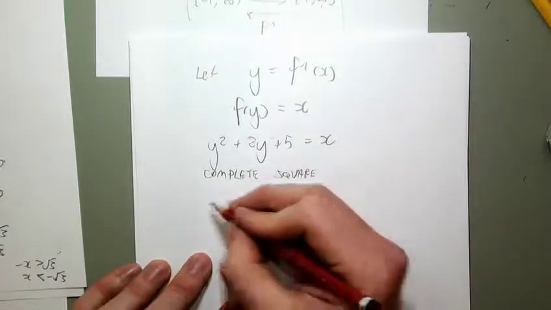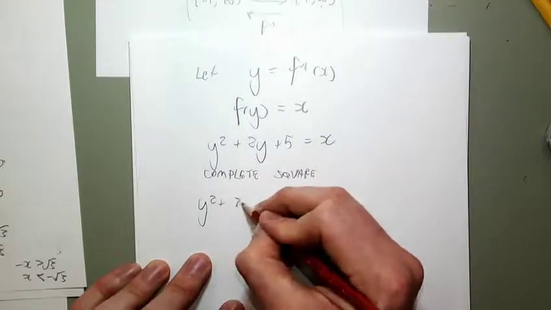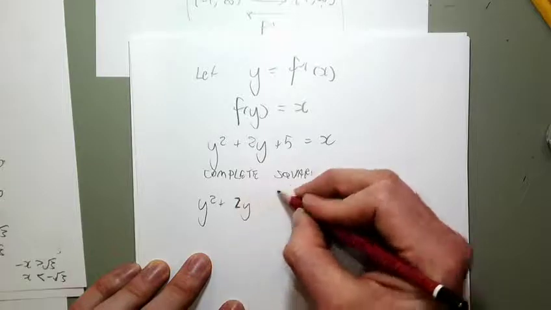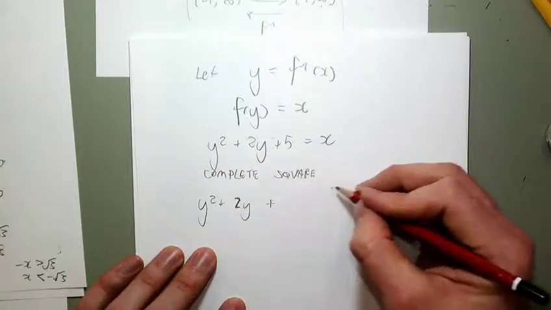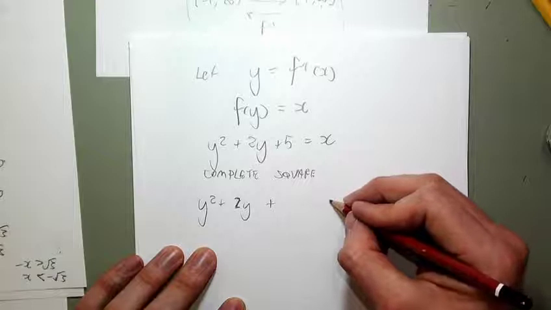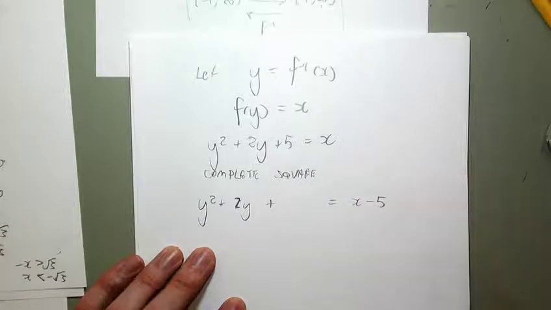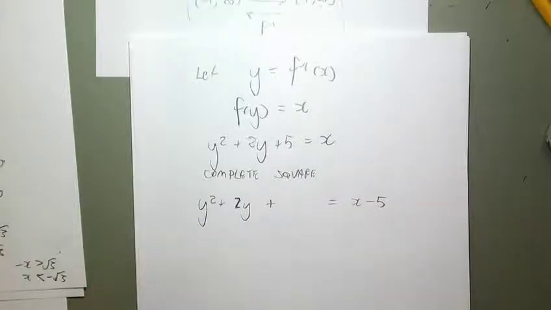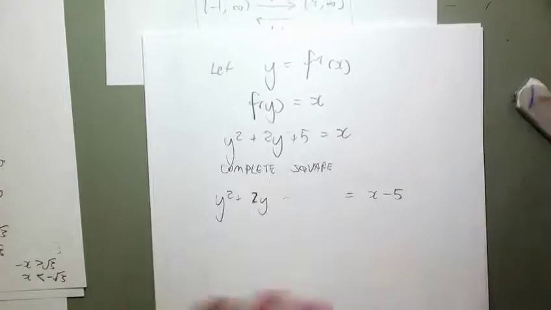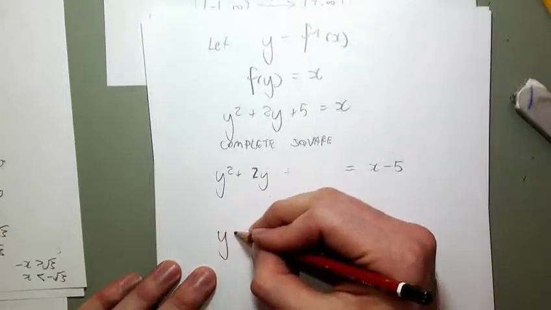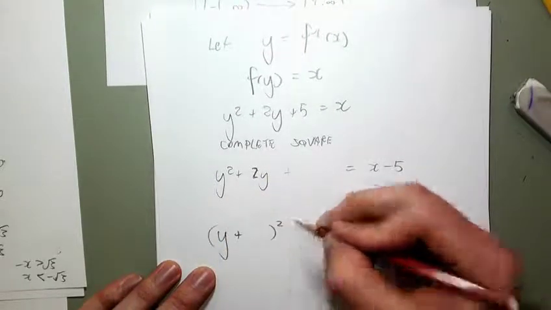So let's see. Let me just make some space. I've moved the 5 over the other side. And I want this to be y plus something squared.